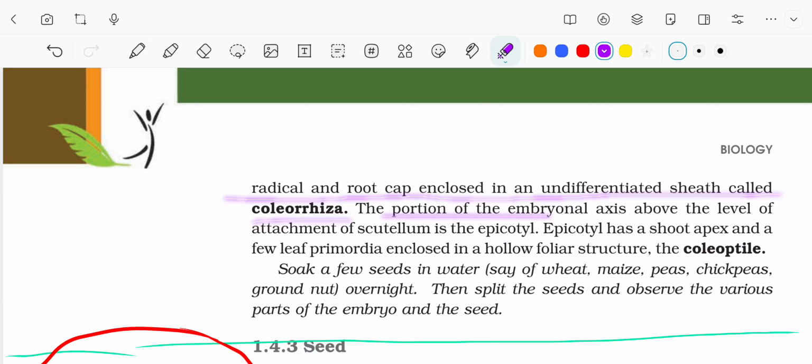The portion of the embryonal axis above the level of attachment of scutellum is the epicotyl. The epicotyl has a shoot apex and a few leaf primordia enclosed in a hollow foliar structure, the coleoptile.